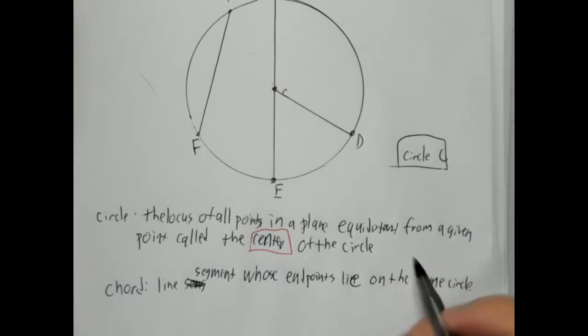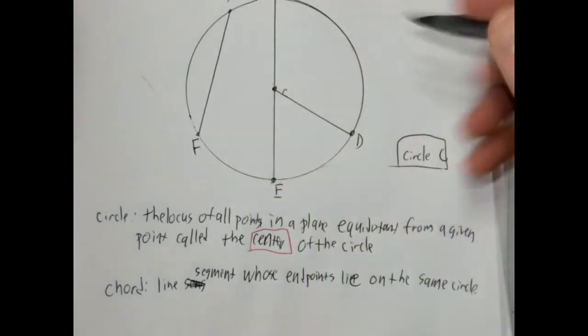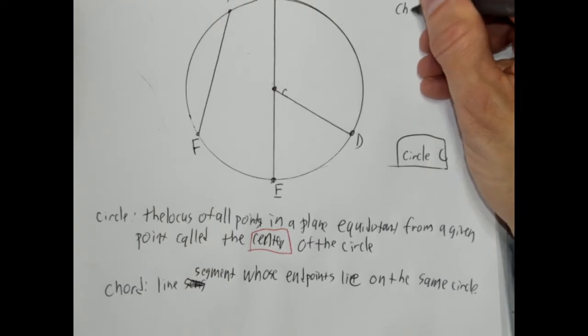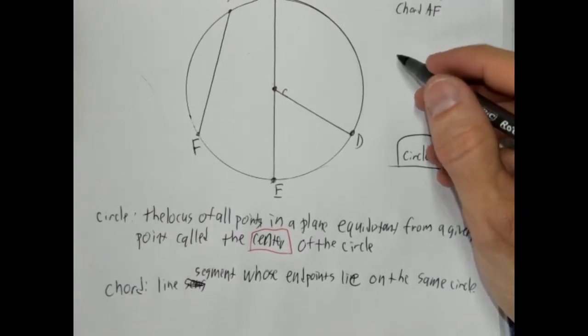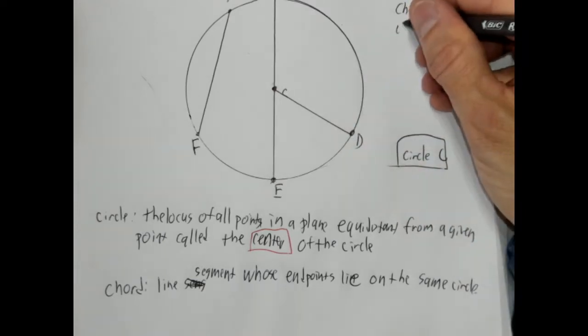So we have some chords here. Like this is chord AF. That's a chord. BE is also a chord.